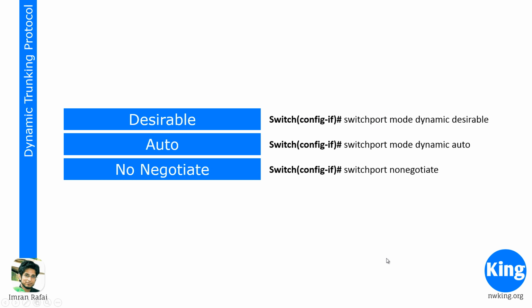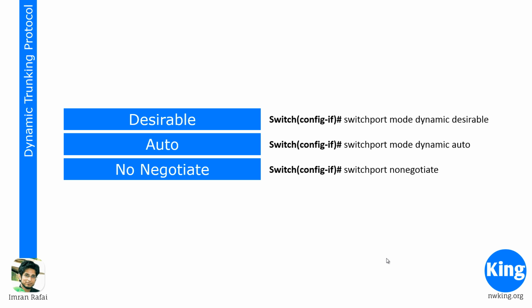So when we talk about switchport modes, there is another protocol we need to talk about, and that is the dynamic trunking protocol. Now this protocol is a Cisco proprietary protocol. That means you cannot use this protocol with any switch manufactured by any other manufacturer. So only if you're using a Cisco switch would you be able to use this protocol called DTP.